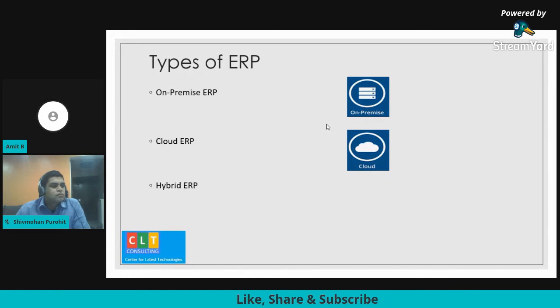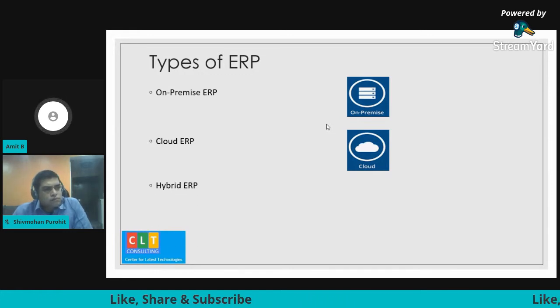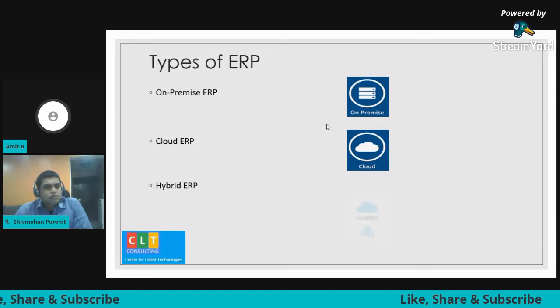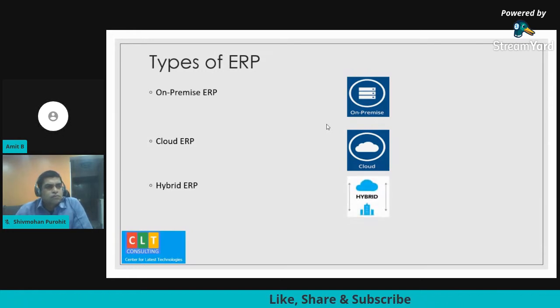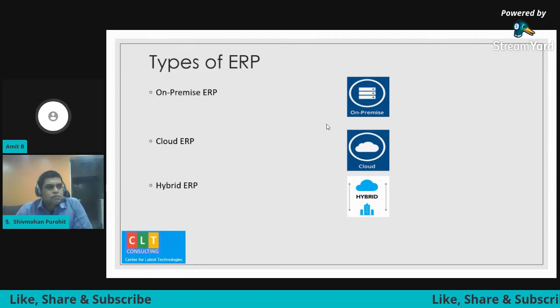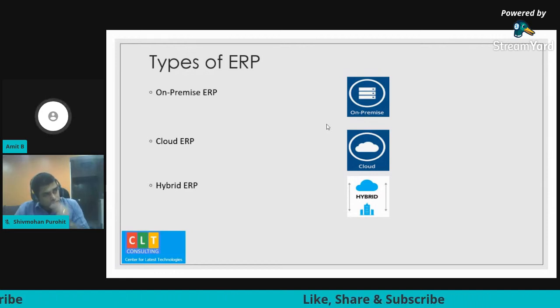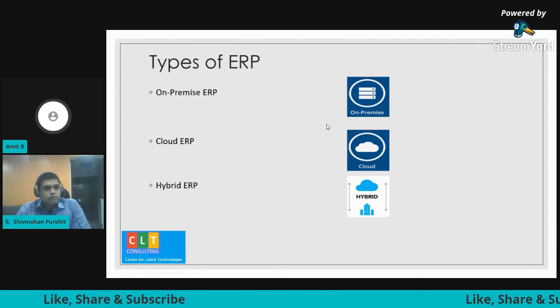Then we have the hybrid model of ERP. This hybrid model is useful for organizations that want the benefit of both on-premise and cloud ERP.